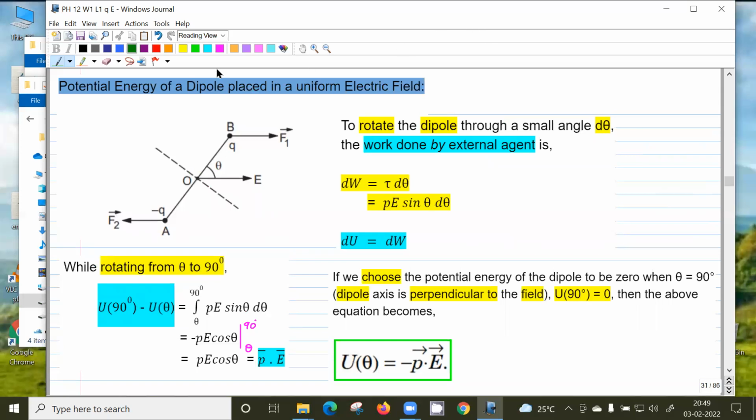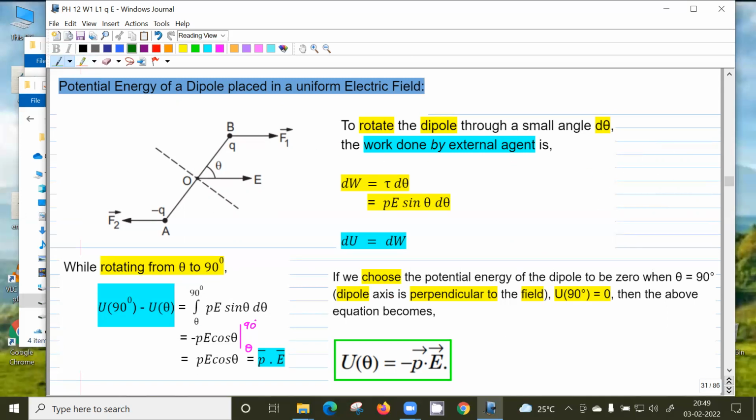So now, potential energy of a dipole placed in a uniform electric field. When something has acquired potential energy, then it has got some energy, which will do some work. So if you have a system, if you do work on the system, the potential will increase or decrease? Let me take a simple case.